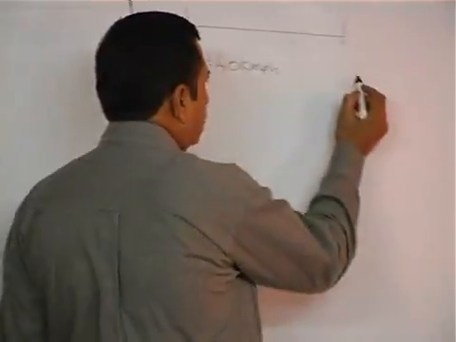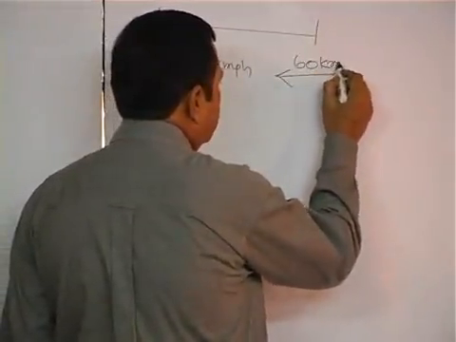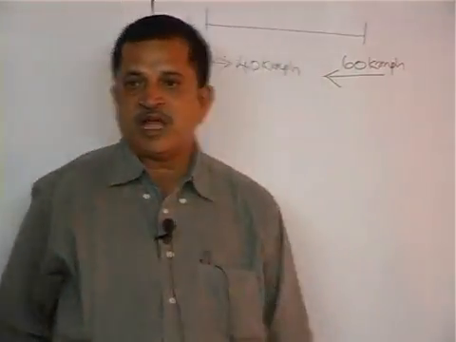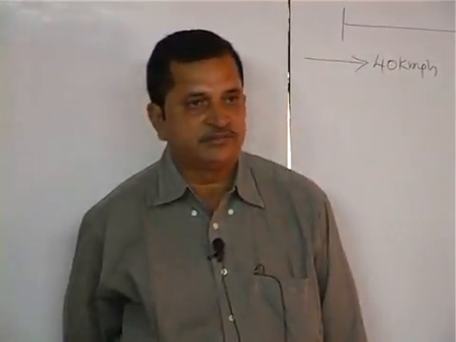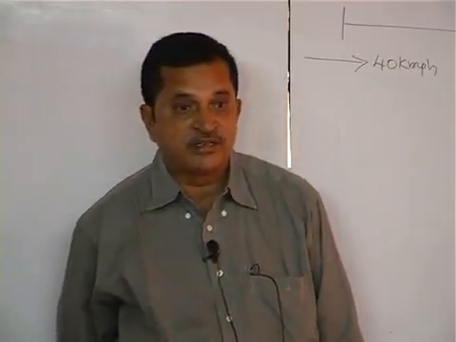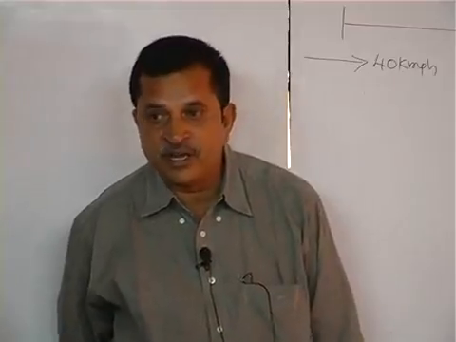While coming back home, he travels with a speed of 60 kmph. What is the average speed for the entire journey? How much? 28? 48?